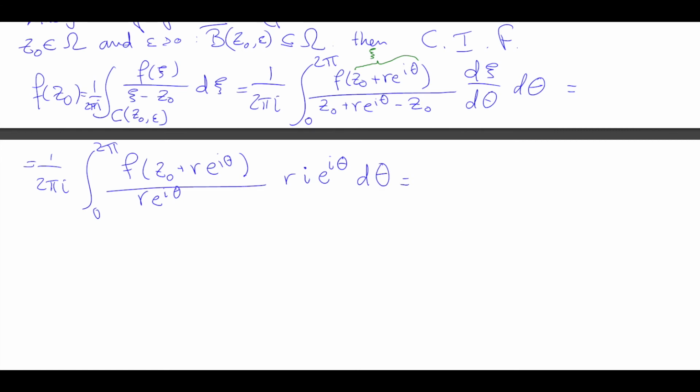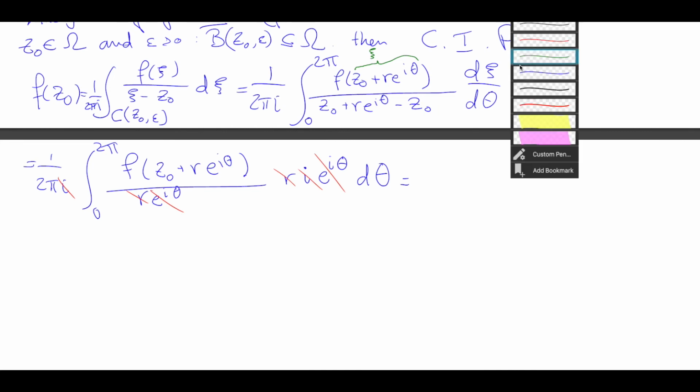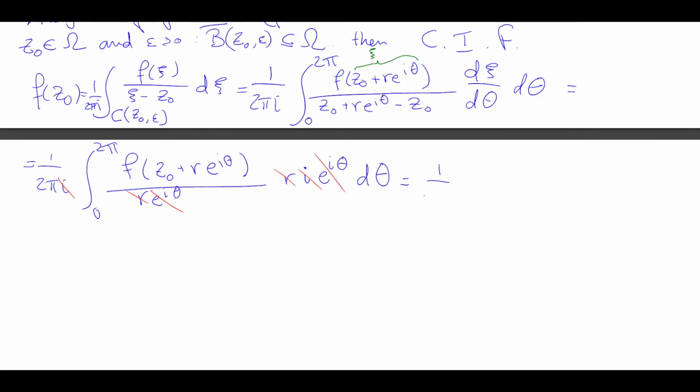Now there's a bunch of stuff that cancels: this r cancels with this r, this I cancels with this I, and this e cancels with that e. Great. So now I have 1 over 2 pi, 0 to pi, and I'm sure you're seeing already what's going on.